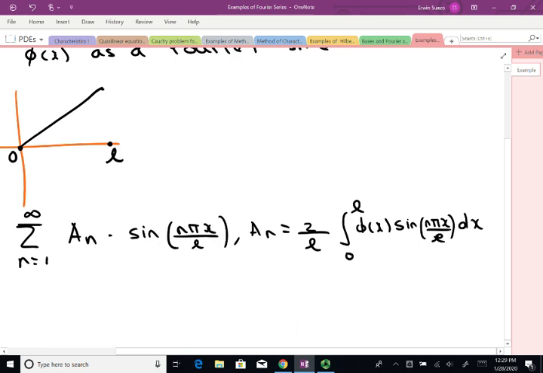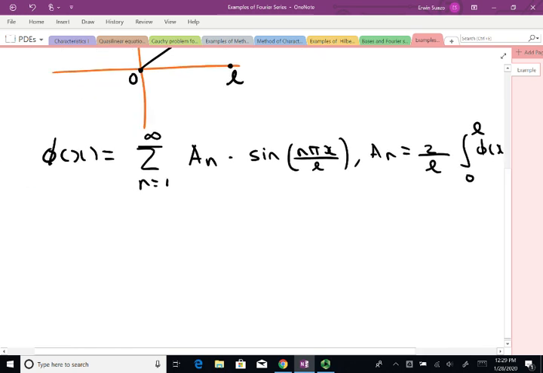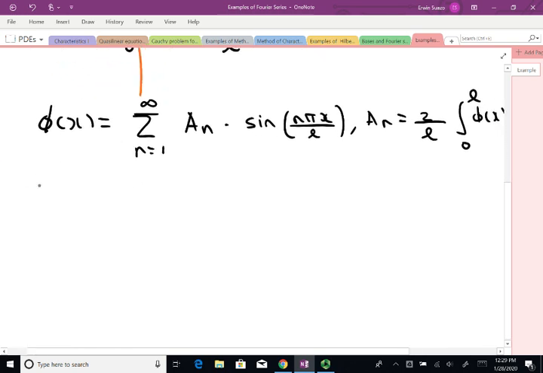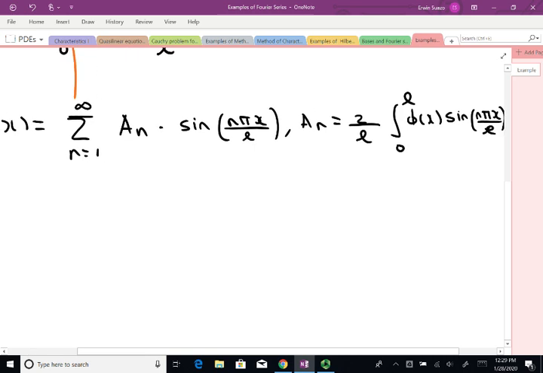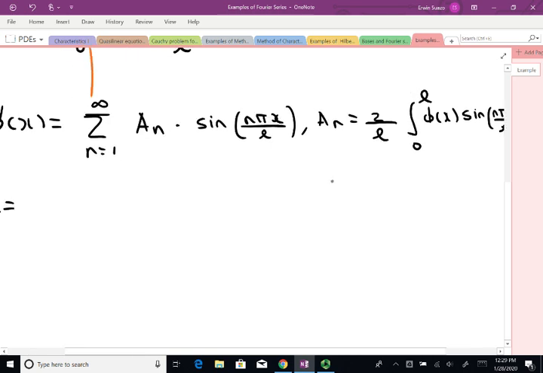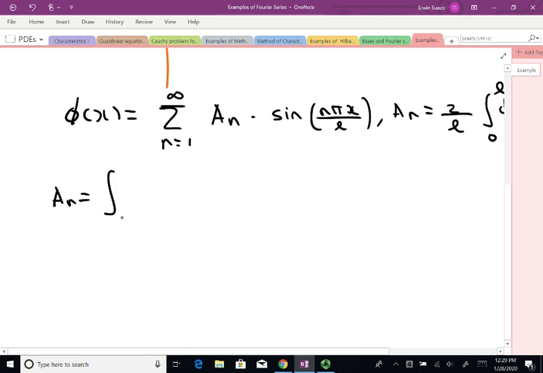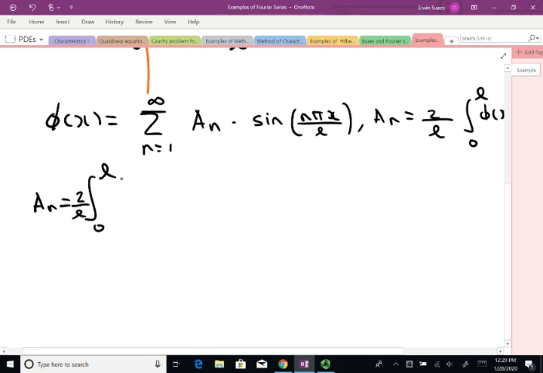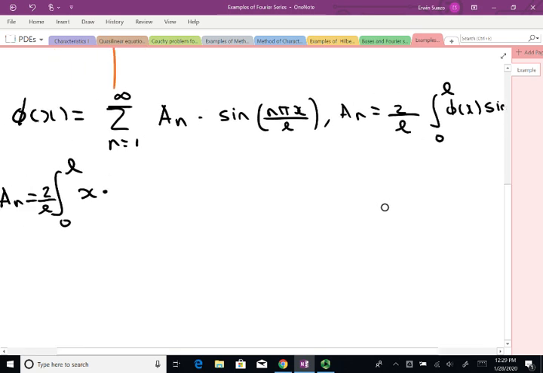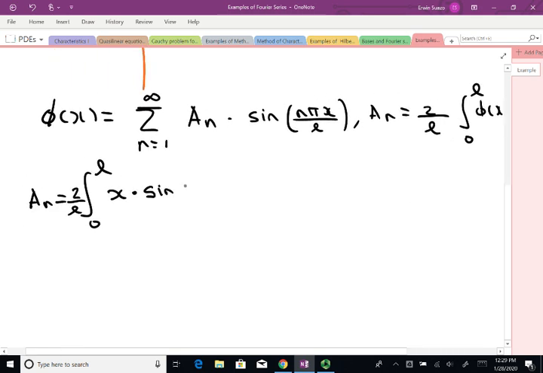Okay, so that's my formula. So let's do it. I need to find a sub n. So what is phi of x? We have 2 over L, the integral between 0 and L, and phi of x is x. So we got x times sine n pi x over L dx.